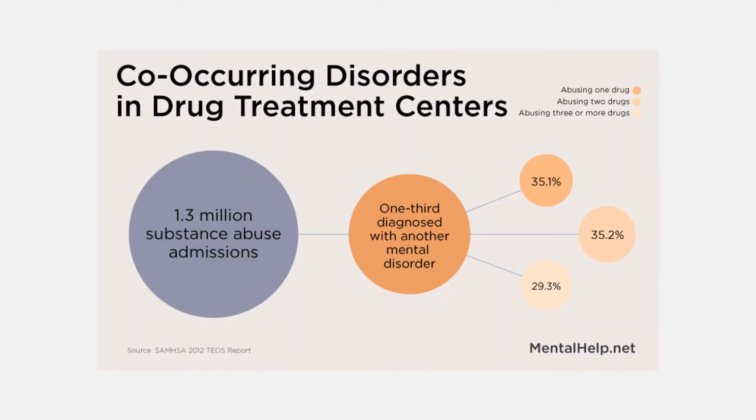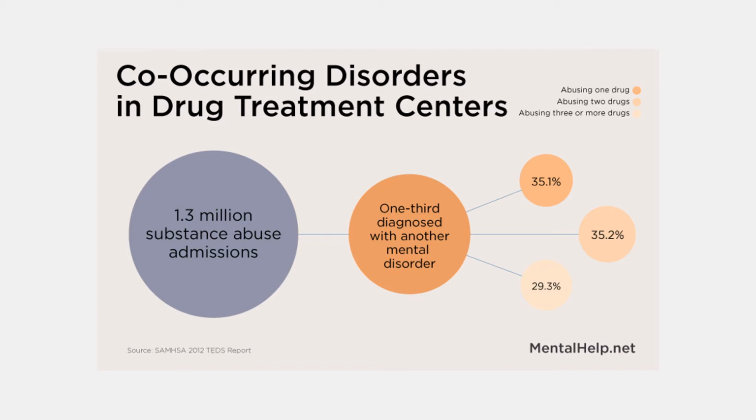When we look at co-occurring disorders in drug treatment centers, this information comes from SAMHSA in 2012. They looked at 1.3 million substance abuse admissions that year, so 1.3 million people entering treatment for substance abuse. And of those, 1/3 were diagnosed with another mental disorder.